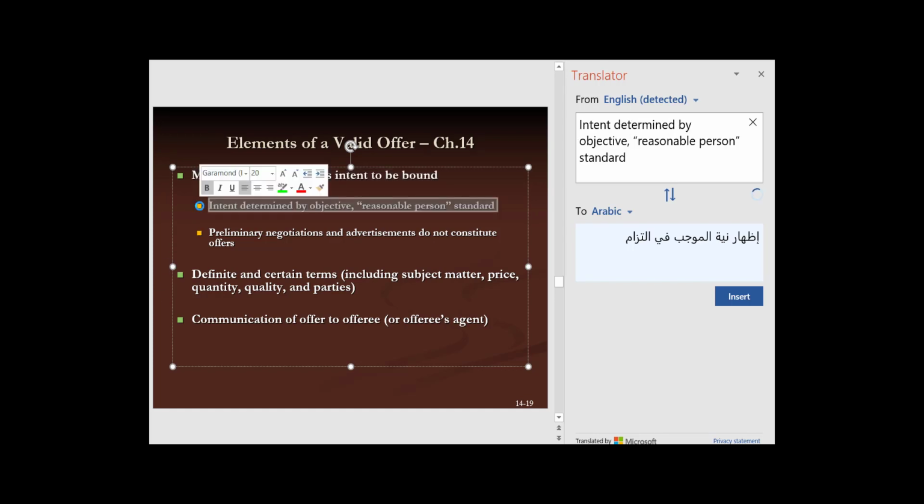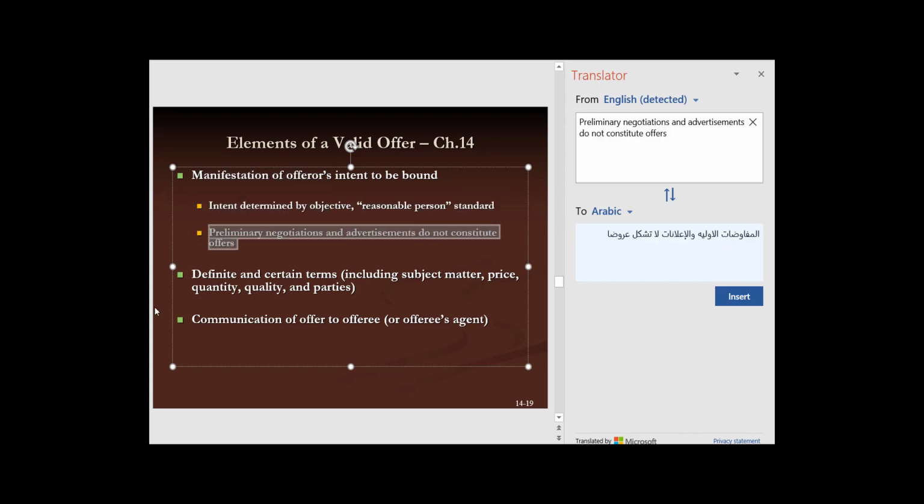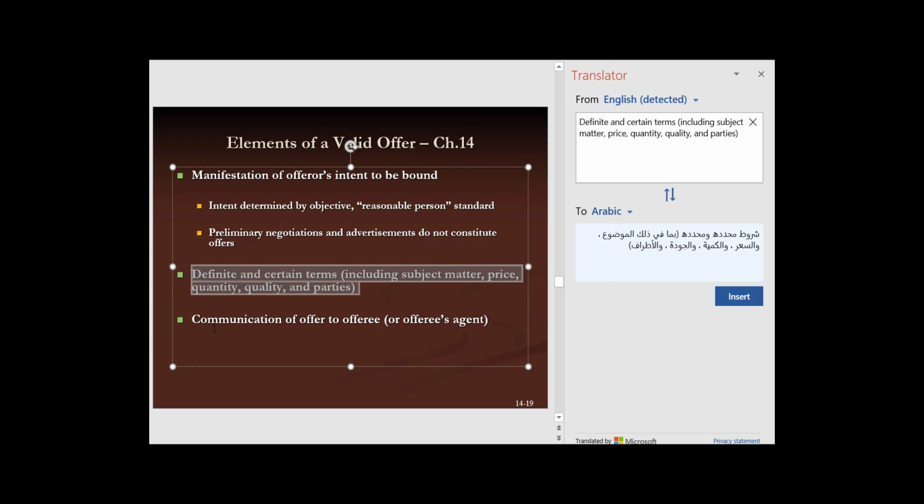We look at paper. We look at emails. We look at text. Did they send texts? Did they send emails? Did they bring in definite and certain terms? Were they talking about the same thing? Price, quantity, quality, parties, communication.